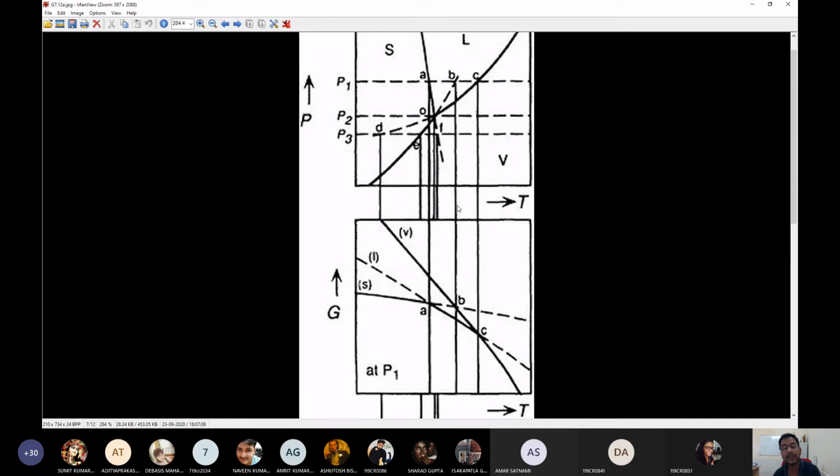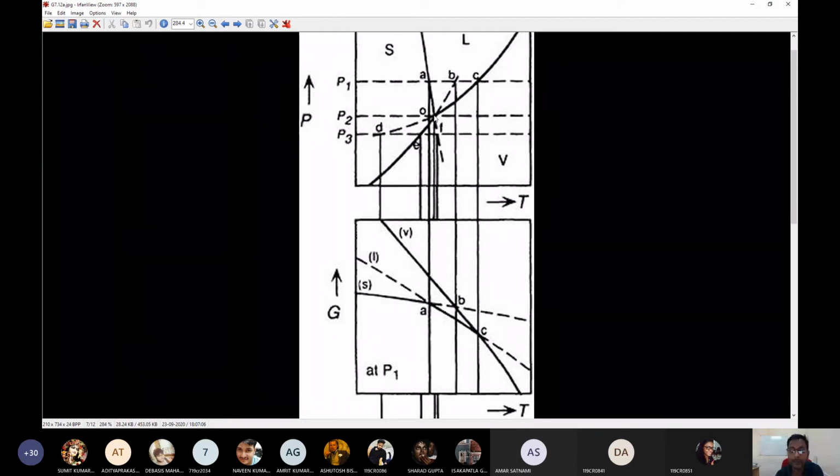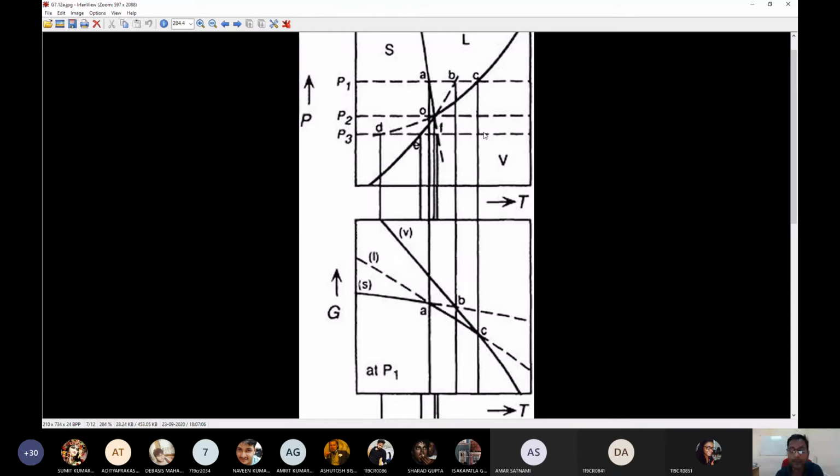All right, so in this situation, this is the triple point. What is so nice about it? The triple point is where the molar free energies of all three phases are the same, because the triple point is a point where three phases are in equilibrium: the solid phase, the liquid phase, and the vapor phase.